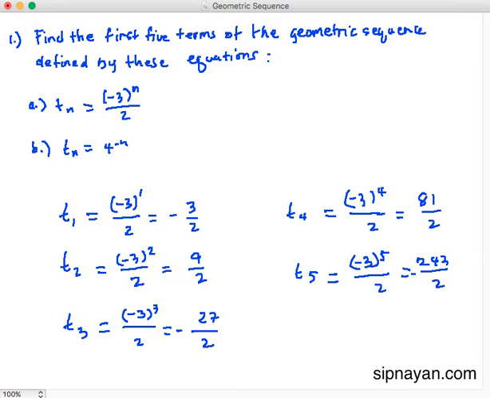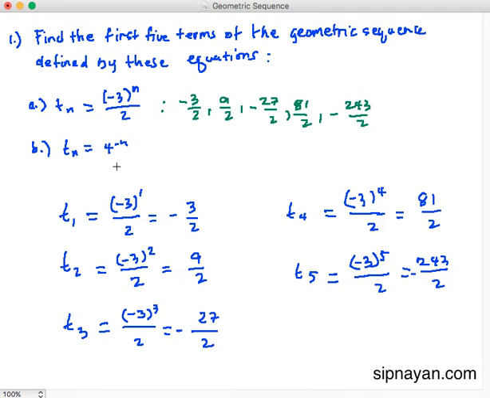Okay, so yan yung ating mga terms, meaning mga terms nito ay negative 3 over 2, we have 9 over 2, we have negative 27 over 2, we have 81 over 2, and we have negative 243 over 2. Okay, so yan yung mga terms natin. Yan yung first 5 terms.